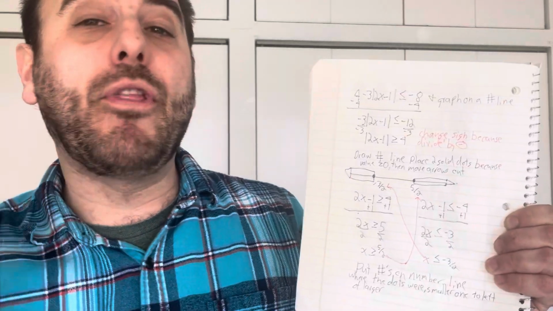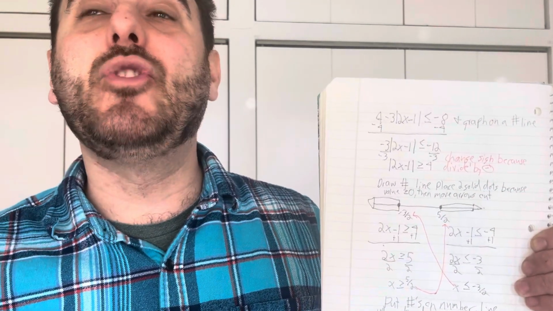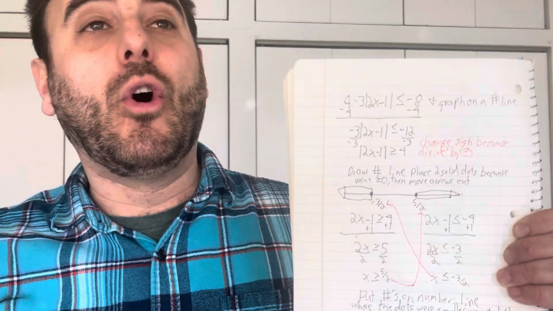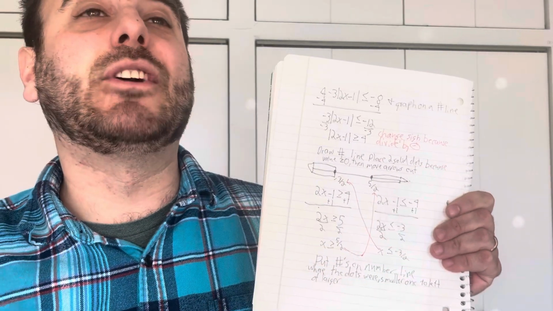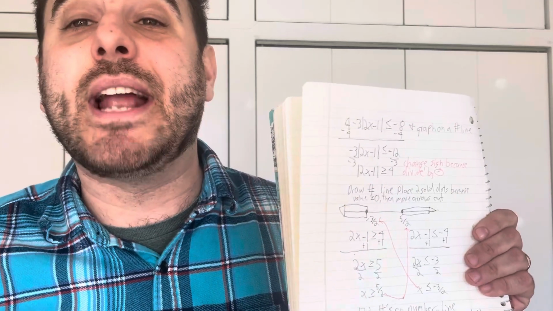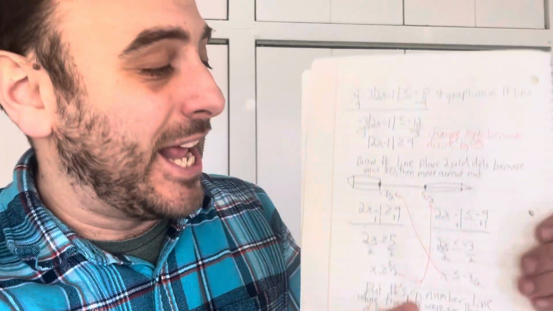We need both of those in our inequality, because whenever you're doing an absolute value, it could be either the positive version or the negative version. The positive version would be greater than, and now since it's the negative version, we're dividing by a negative 1. We switch the sign to be less than.